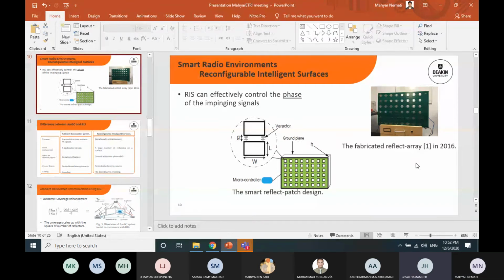Another question is, do you know any companies who are using ambient backscatter communication technology in their devices or technologies? Ambient backscatter communication is a bit different from conventional backscatter communication. To the best of my knowledge, AmBC is still not industrialized.